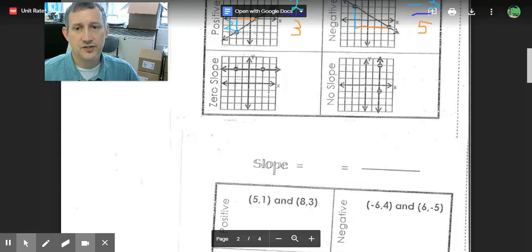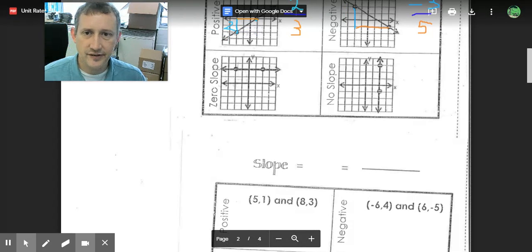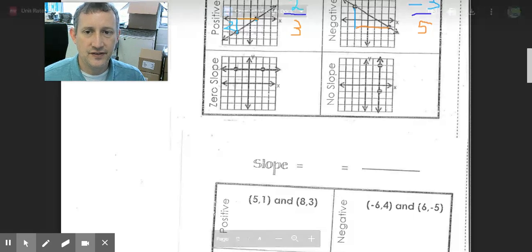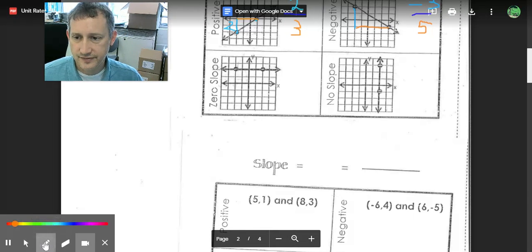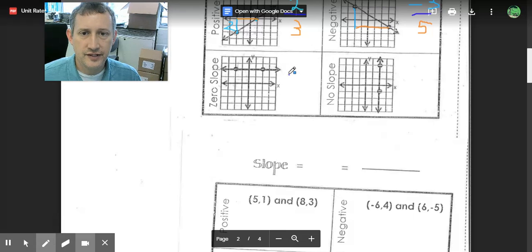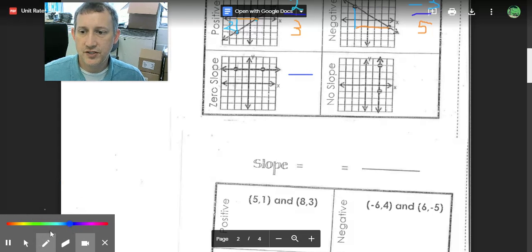Now we're going to look at zero slope. Again, if you have a highlighter, I would highlight that in a different color, green or whatever, and highlight the line in the same color. Okay, so we're going to look at rise over run when it's a zero slope. We already know the answer is going to be 0, but let's make sure.